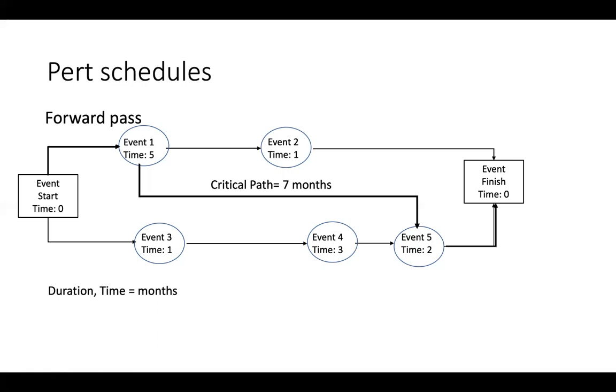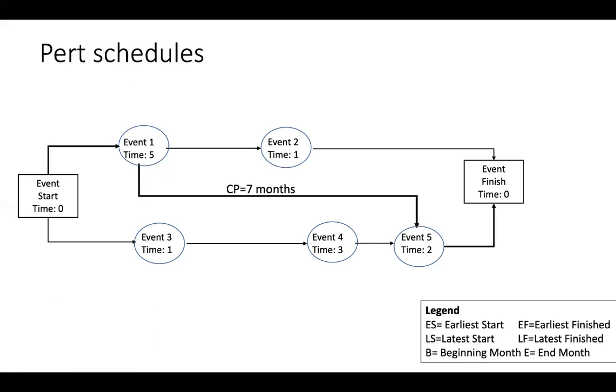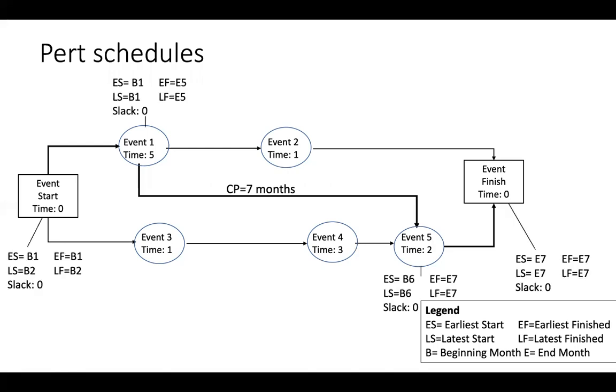Putting these into a figure, at first we can put out the slack time along the critical path events. Then if we continue, we see that the slack time here was 1 month for event 2: earliest finish month 6, latest finish end of month 7.